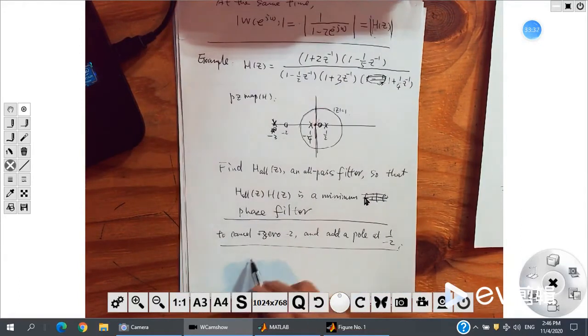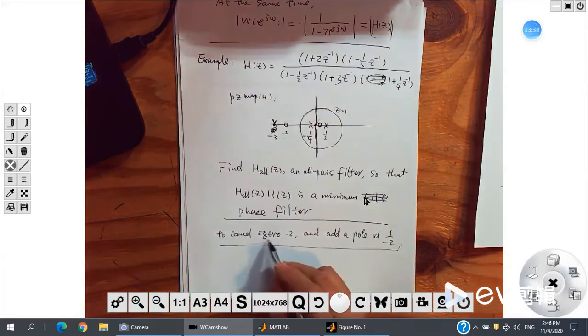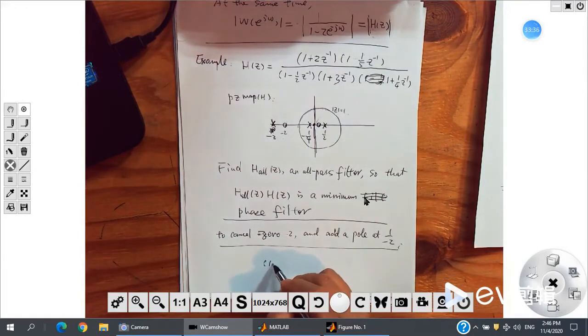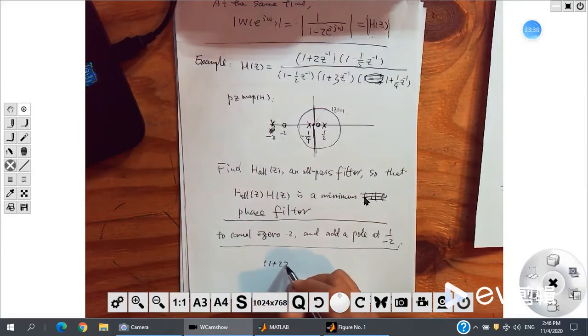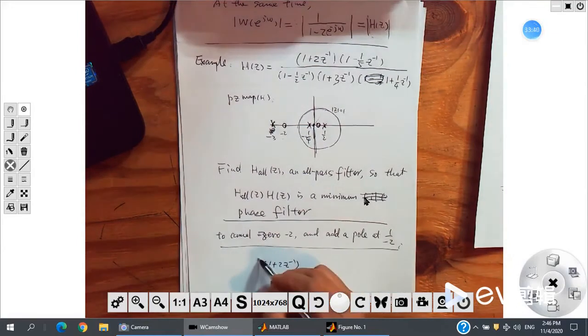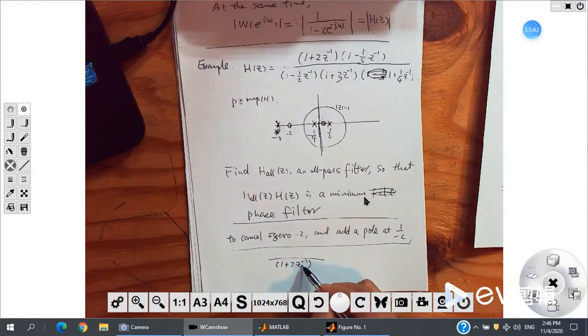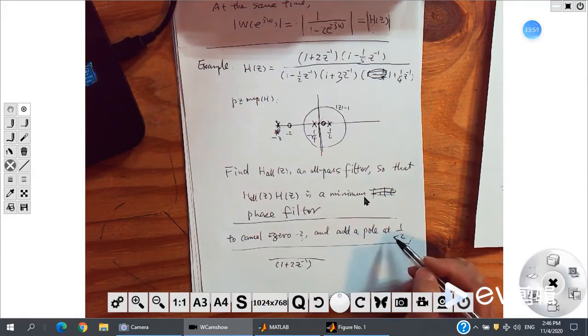We need to cancel this zero, so I need 1 plus 2z to the -1 in the denominator. I multiply this in the denominator, then these two can be cancelled. This zero will be 1 plus 2z to the -1. And cancel this, and add the pole at -2.